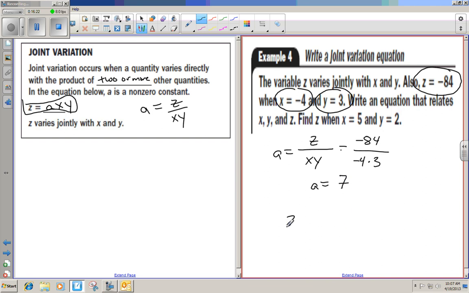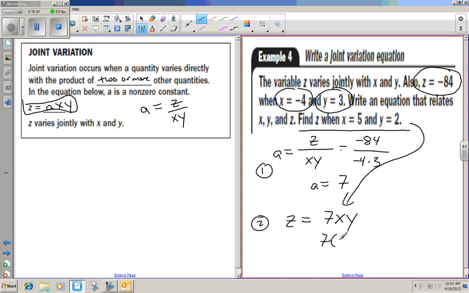Now our equation can be rewritten as Z equals 7xy. So the first part is always finding the constant. The second part is writing the equation. Now it says find Z when x is 5 and y is 2. We have the equation, just plug in those points. 7 times 5 times 2 equals 70. This is a joint variation equation.